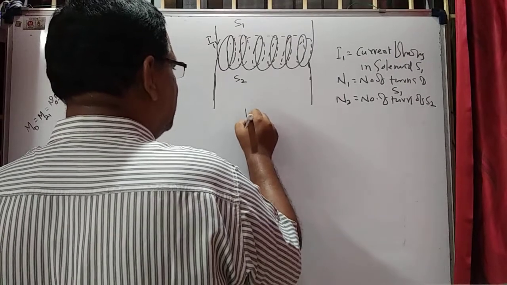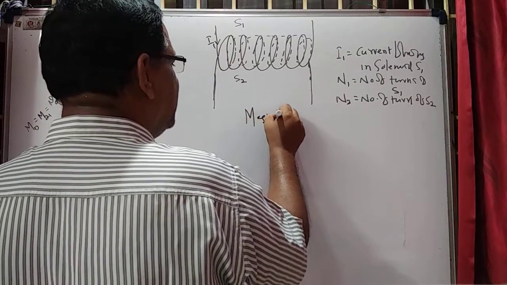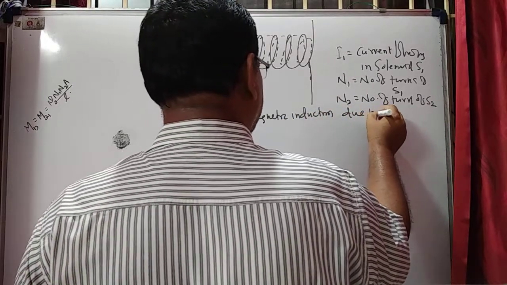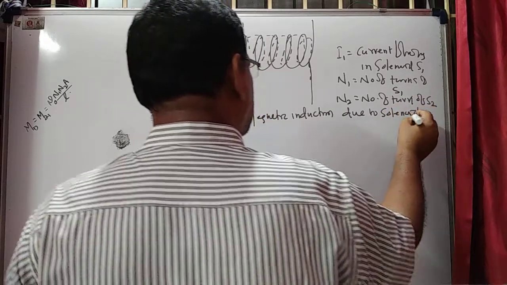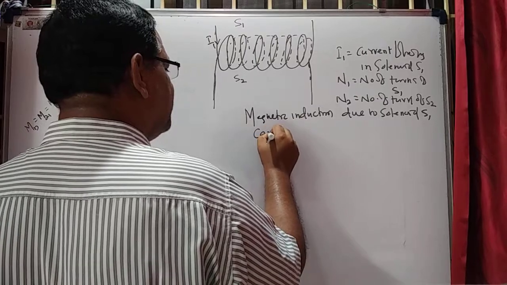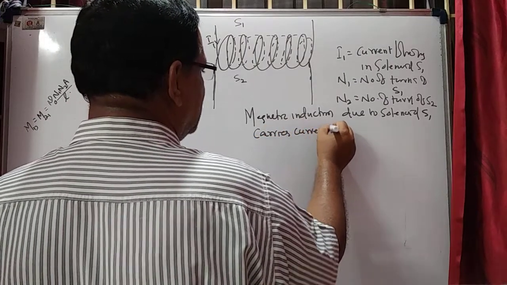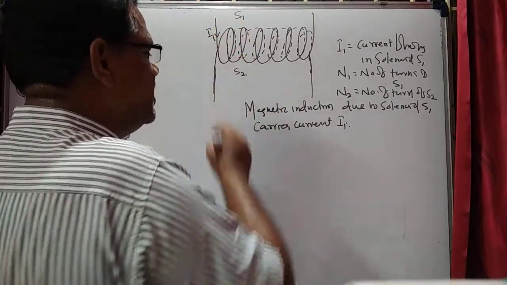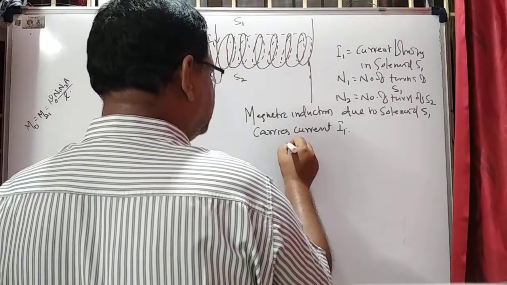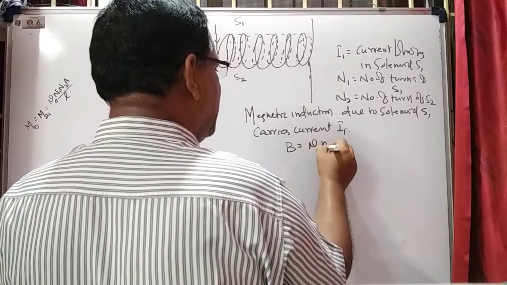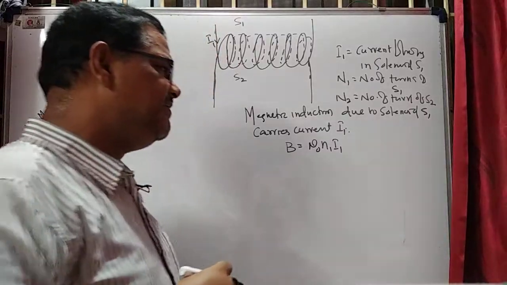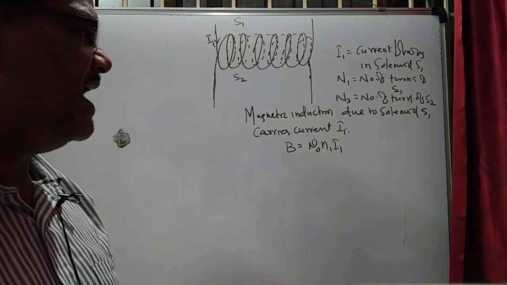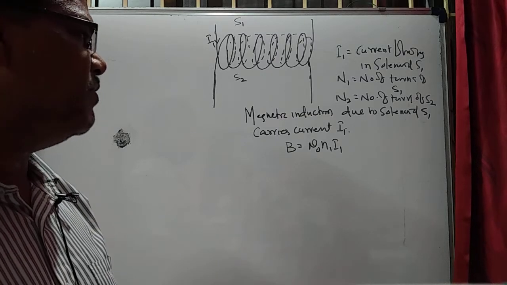The magnetic induction due to solenoid S1 carrying current I1, the magnetic field which will develop due to the first solenoid, is B equal to mu naught N1 I1, because you know that the magnetic field due to a current carrying solenoid is mu naught N I. Mu naught is the permeability of free space, N is the number of turns per unit length, and I1 is the current flowing through the first solenoid.